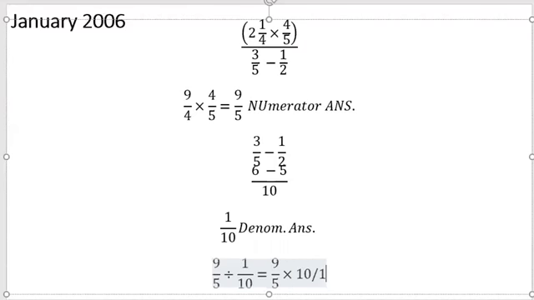So we get 10 over 1. And we can now simplify. So we can say 5 into itself goes 1 time, 5 into 10 goes 2 times. So what we have is 2 times 9 is 18, and 1 times 1 is 1. So it's 18 over 1, which is the same as 18. And that is our answer for January 2006.